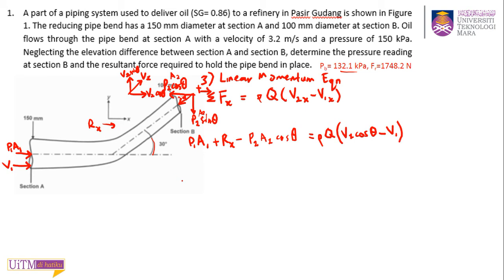Okay, so this is your equation, and to find resultant force in x direction, you just bring everything to the other side.